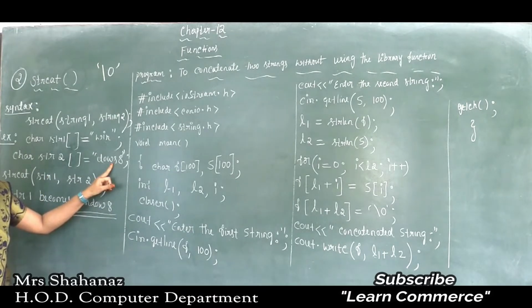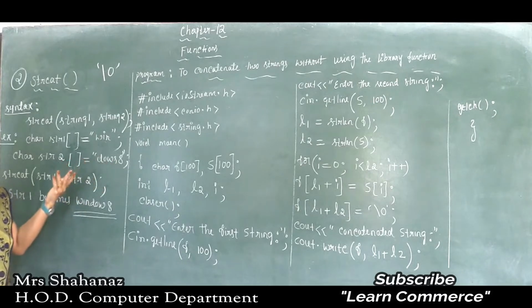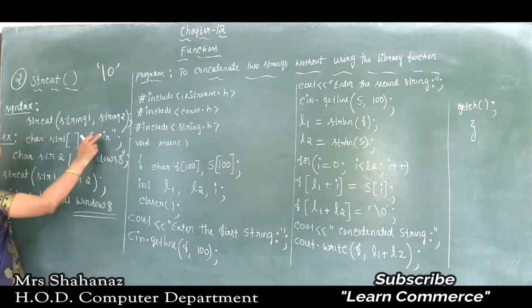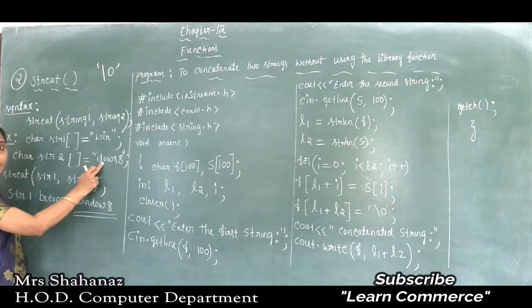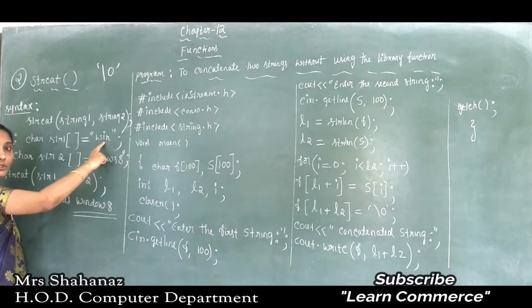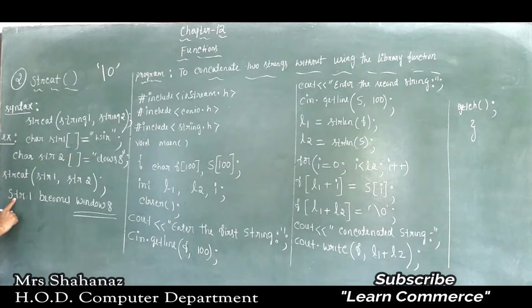Clear this point here? Maybe if you use the example key and the second string name as board, it is going to join them: str1 becomes keyboard, but str2 remains the same, there is no change, it is equal to board only. So that is all about strcat.